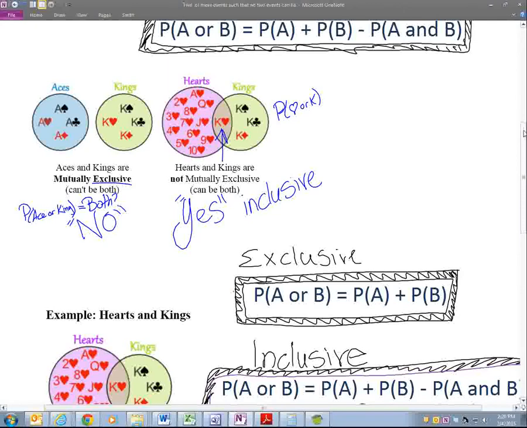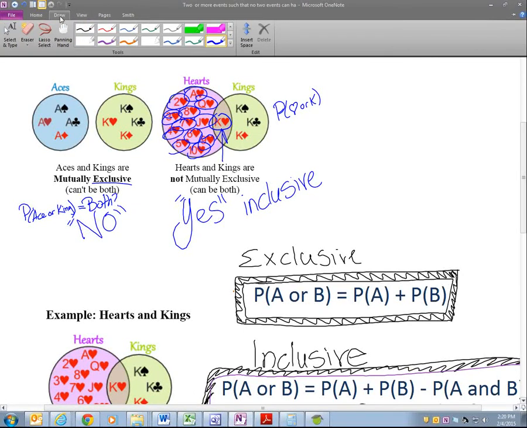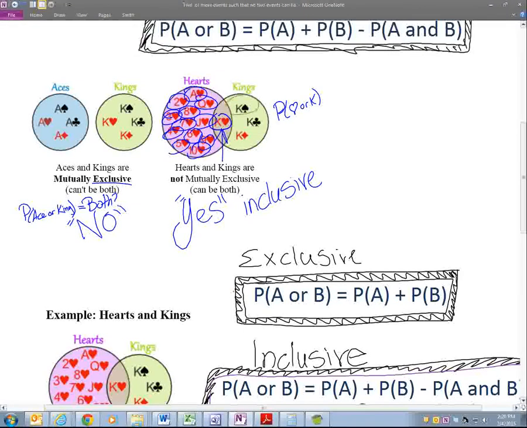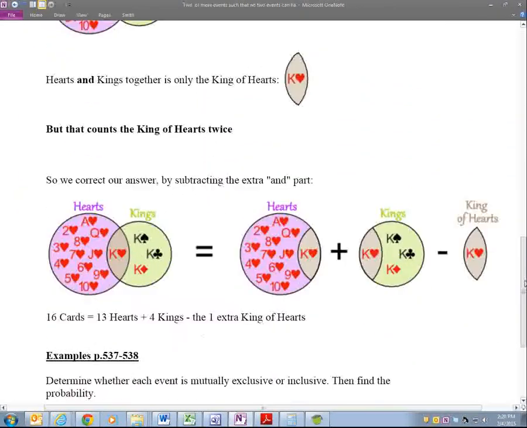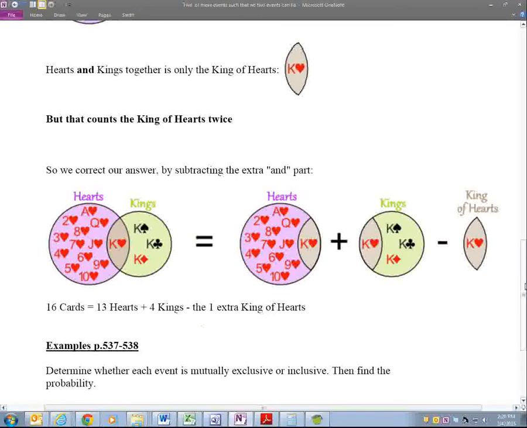The situation is like this. We have 1, 2, 3, 4, 5, 6, 7, 8, 9, 10, 11, 12, 13 hearts. And we have 1, 2, 3, 4 kings, right? So 13 plus 4 is how many? 17. But the trouble is, we just counted this guy twice.